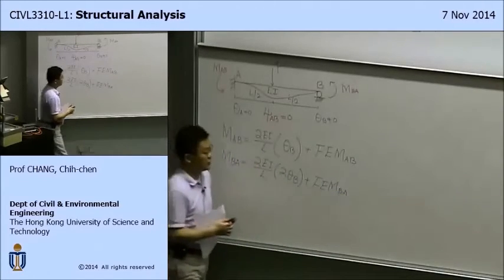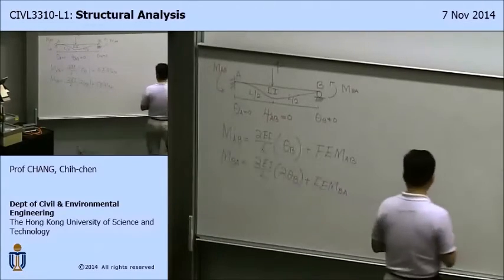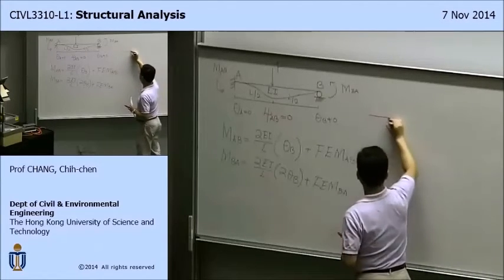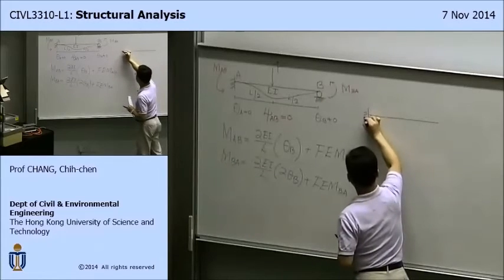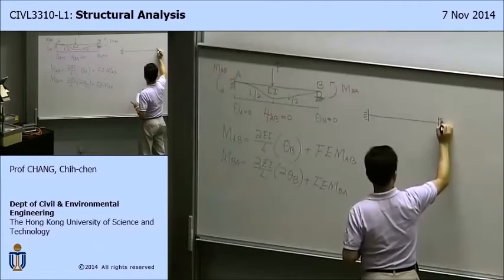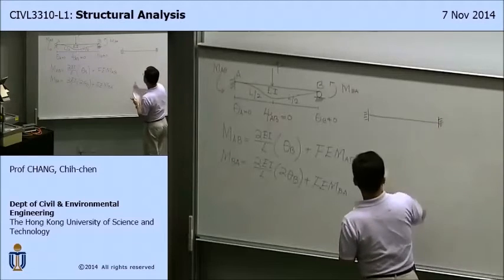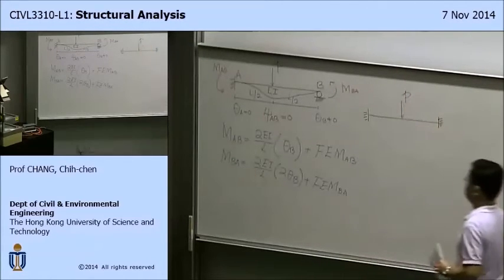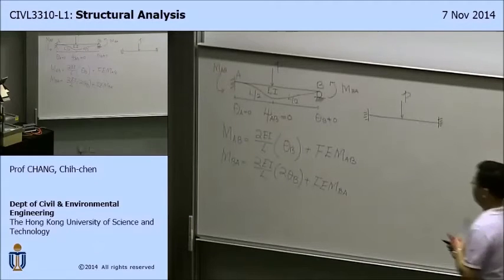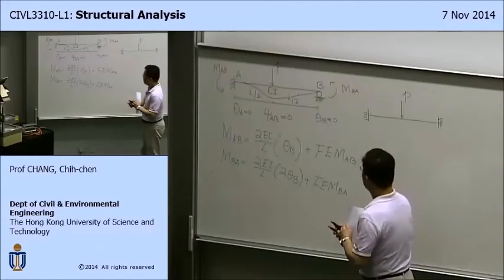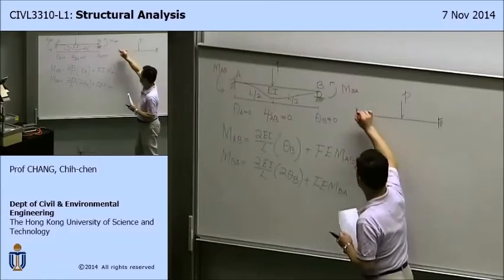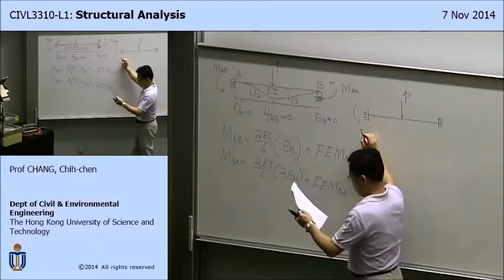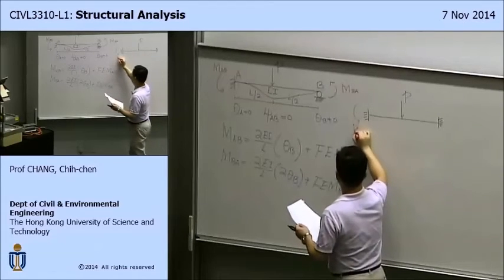Now you need to go to the textbook, the fixed end moment table. You go to find this fixed end moment, both ends fixed, and concentrated force at midspan. So from the textbook, you will find the end moments to be PL over 8.